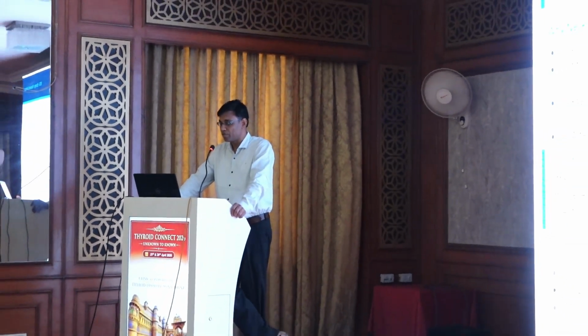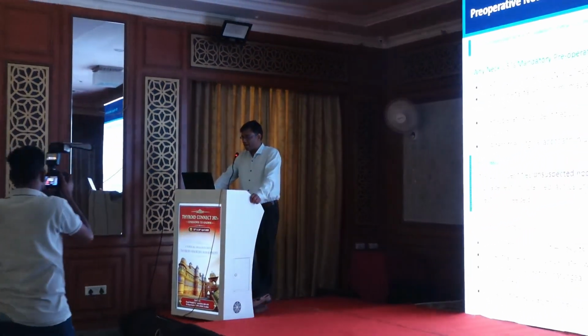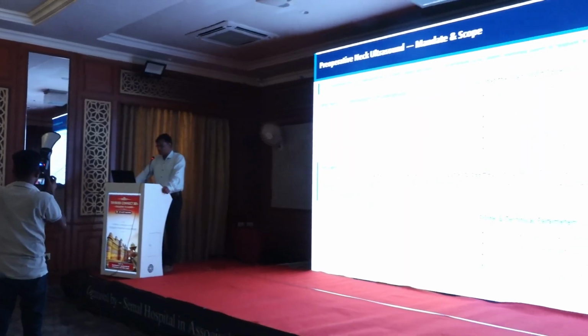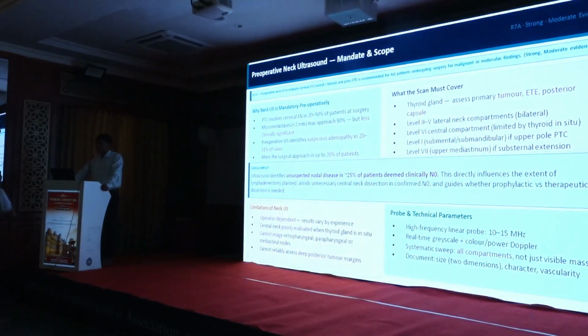So if we talk about preoperative neck ultrasound, we know that ultrasound is an operator-dependent modality, and it is difficult to evaluate the central nodes, and it cannot image the retropharyngeal, parapharyngeal, and mediastinal nodes. What we need in the ultrasound is a linear probe with a 10 to 15 megahertz frequency, which can image the thyroid gland very well.